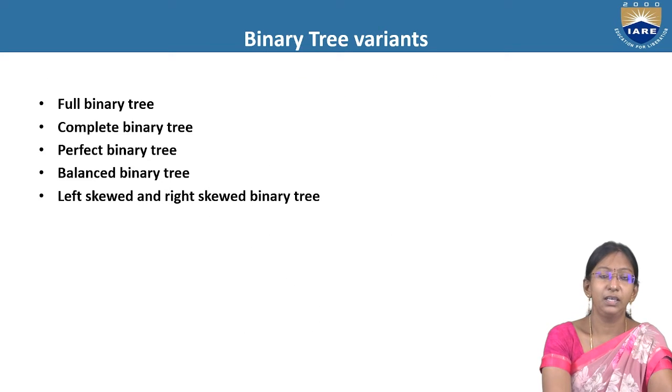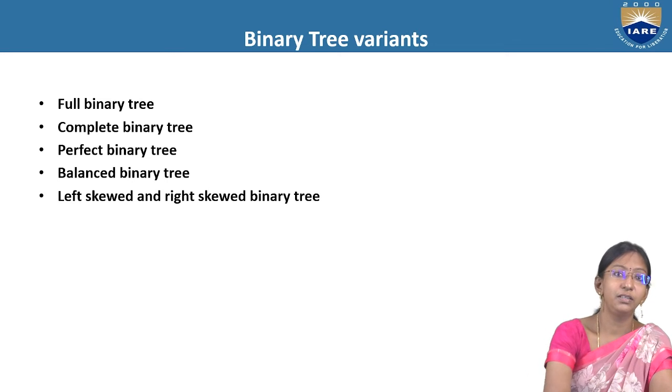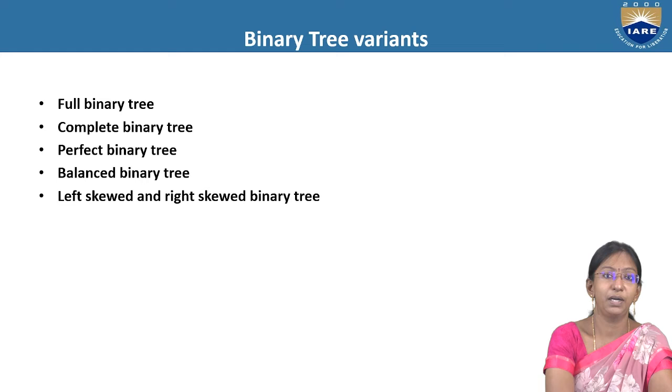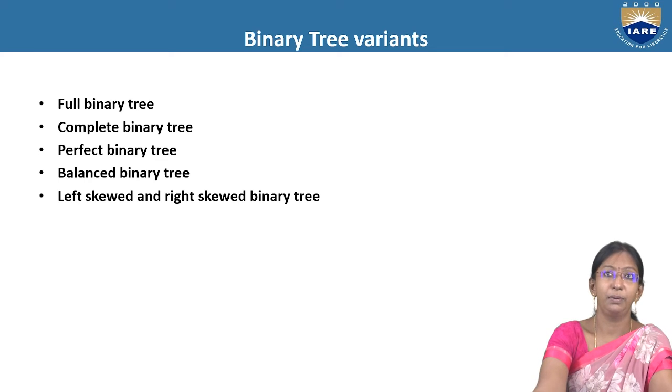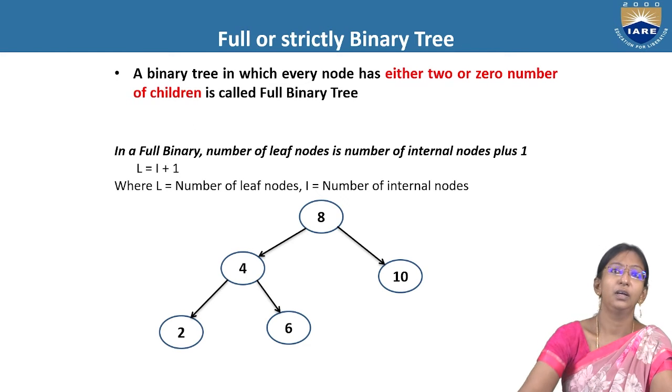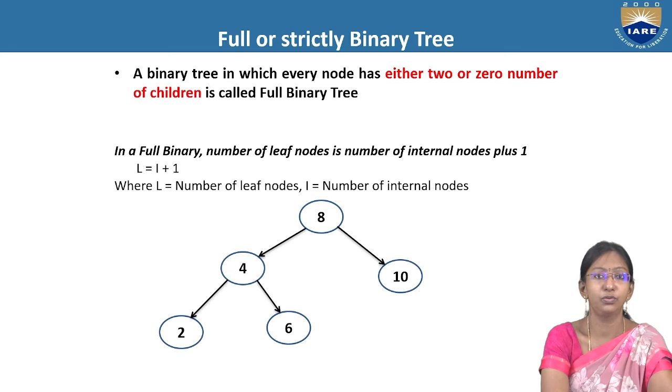So the next one, what are the variants of binary tree? So these are the 5 variants of binary tree. Guys, very important question from the exam point of view. So what is a full binary tree? A full binary tree is a tree which says that every node can have either 0 children or 2 children.